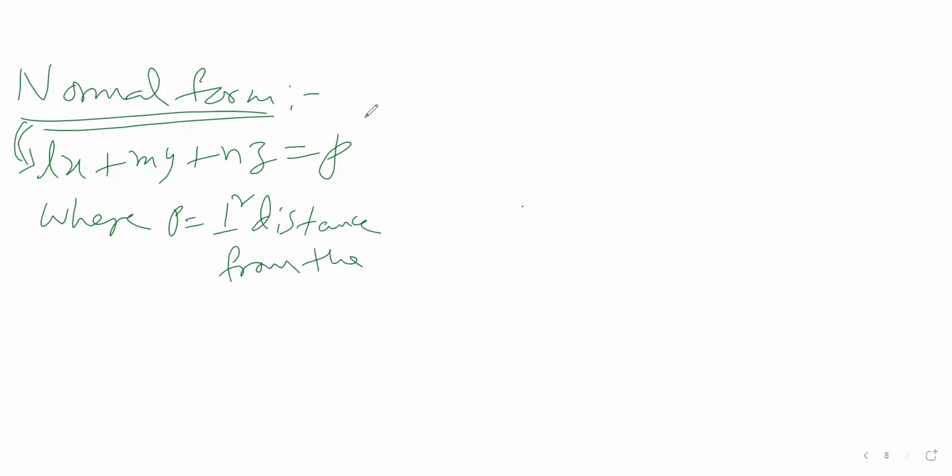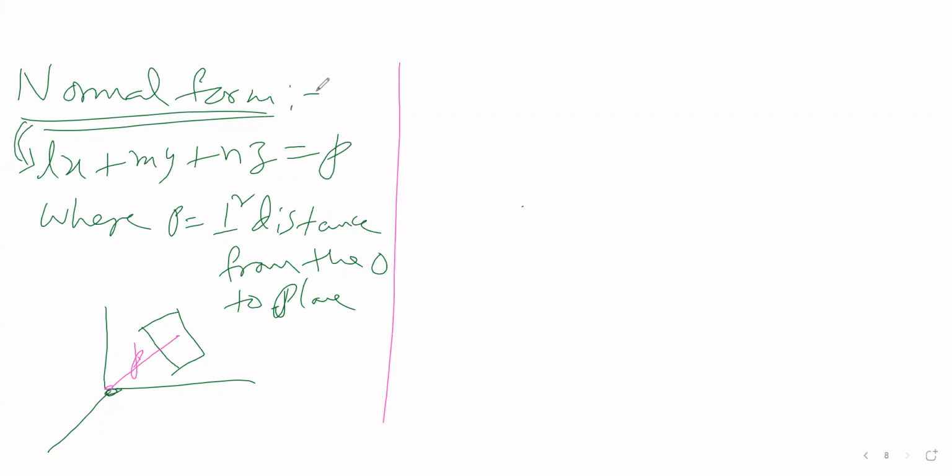The distance from the origin to the plane is called the perpendicular distance. The elements l, m, n are nothing but direction cosines. You can observe that this is your plane, and the distance from the origin to this plane is small p. Of course, the elements are direction cosines of OP, the line coming from the origin to the plane. Now I'm going to write a note.